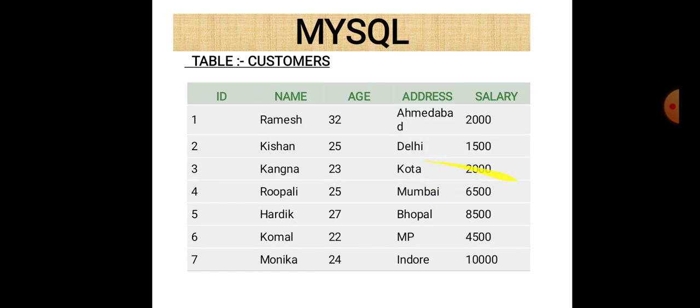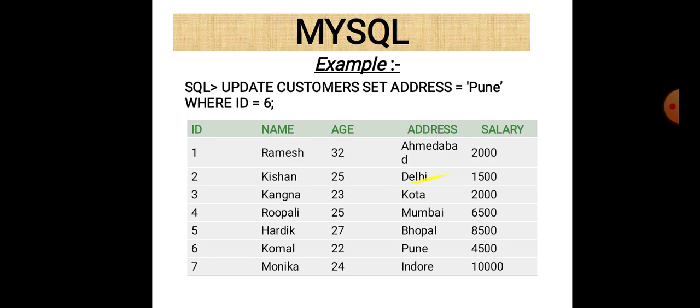Before this, you can see that the address of Komal is MP, but after executing that command, the address of Komal becomes Pune. So this is a simple method by which we can change a record. Two things should be very clear. First, if you want to change all records, there is no need to give a where condition.